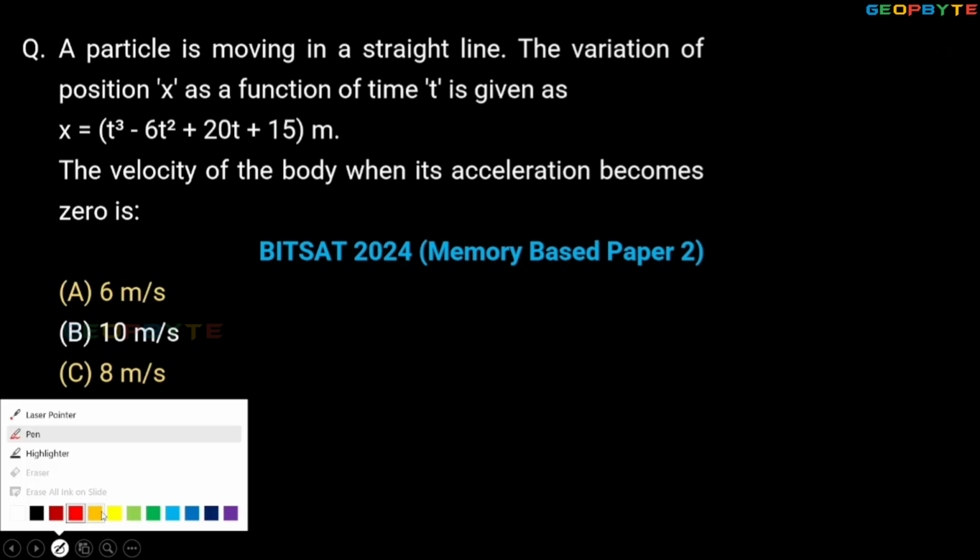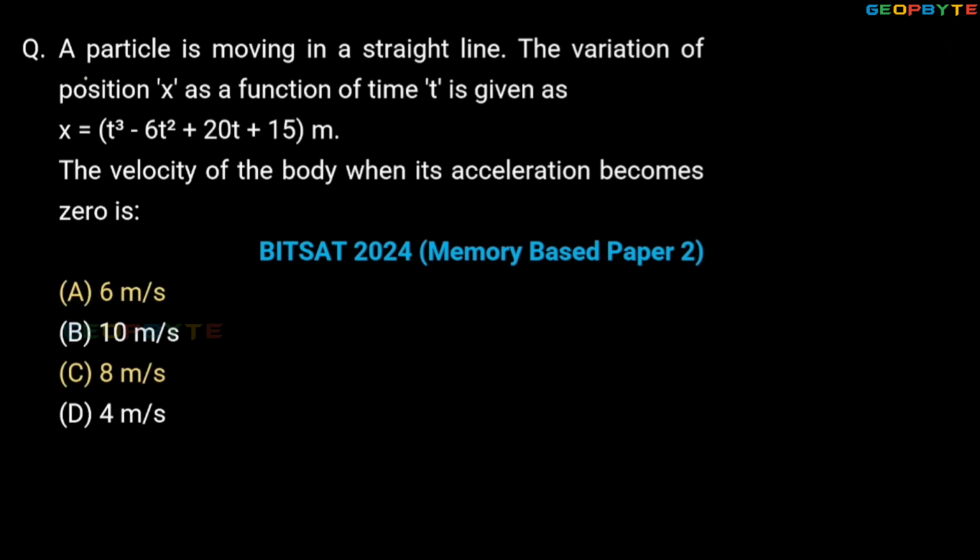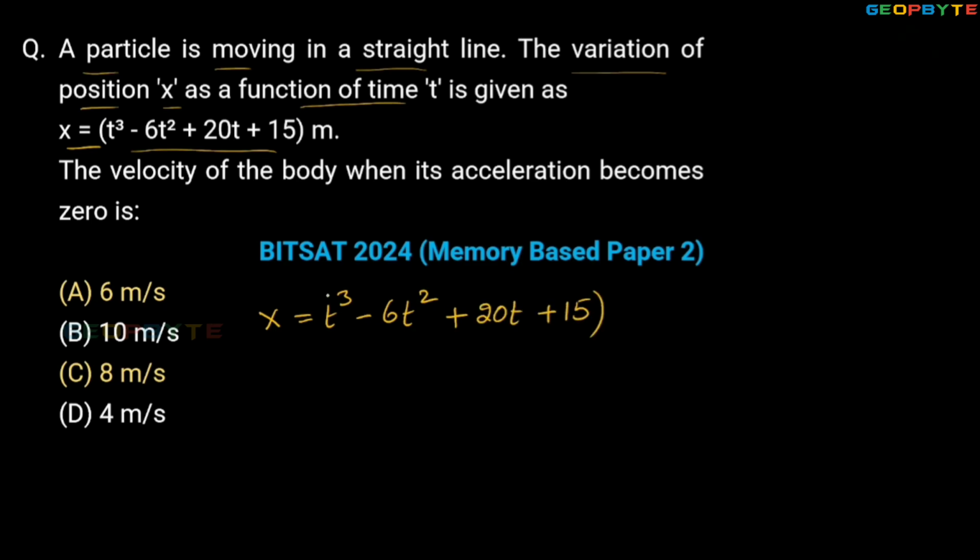Look at the problem, asking like this: a particle is moving in a straight line. The variation of position x as a function of time is given in terms of time: position x equal to t cube minus 6t square plus 20t plus 15, and this distance is given in meter.